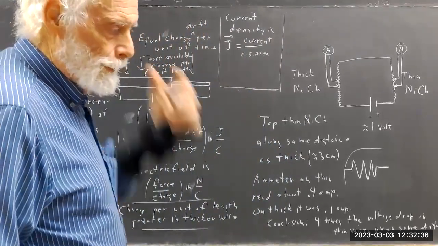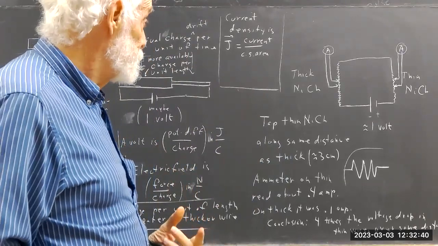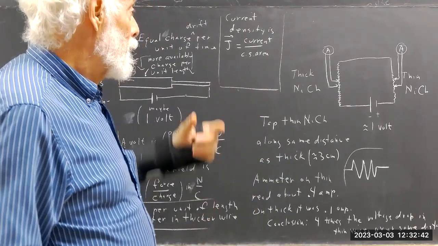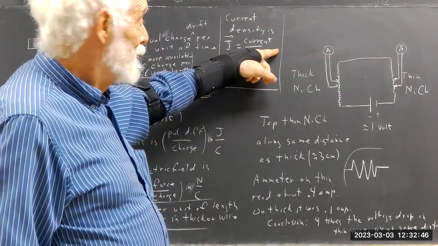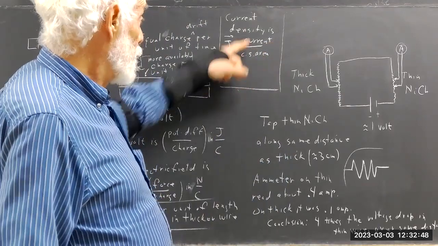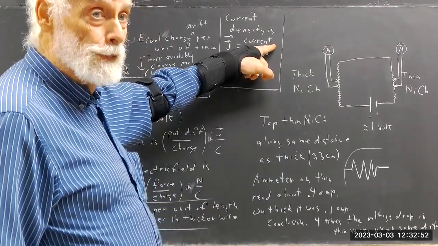Now, current is usually denoted by I. If I want to put an arrow on this, a vector on this, because this is a vector, this is just a scalar quantity. There's a vector here that indicates the direction, right?